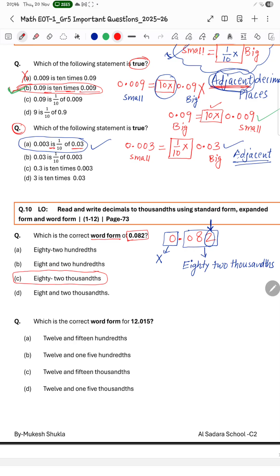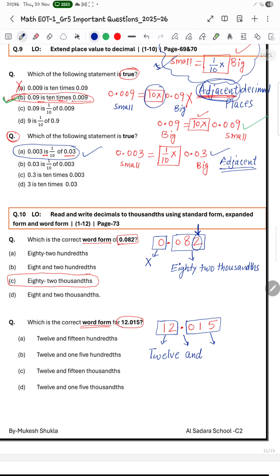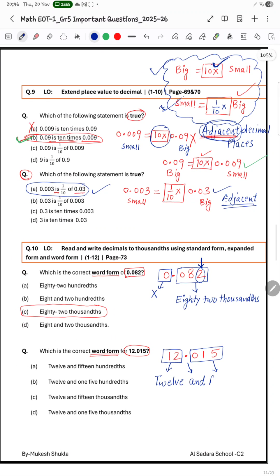Okay. Like this, write the word form of this number. Same the way I explained. It is 12.015. Make groups. First group before the dot, second group after the dot. Name it. Its name is 12. For dot, I will use and. This number is 15.